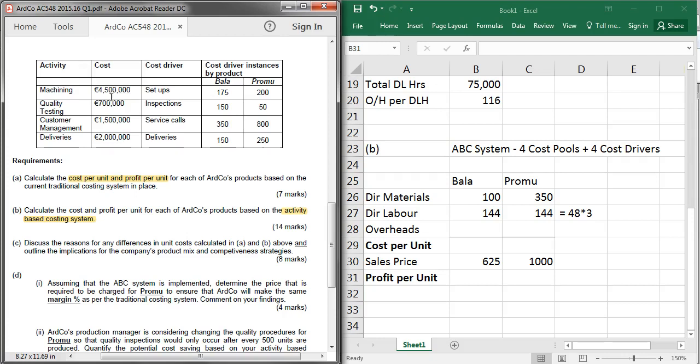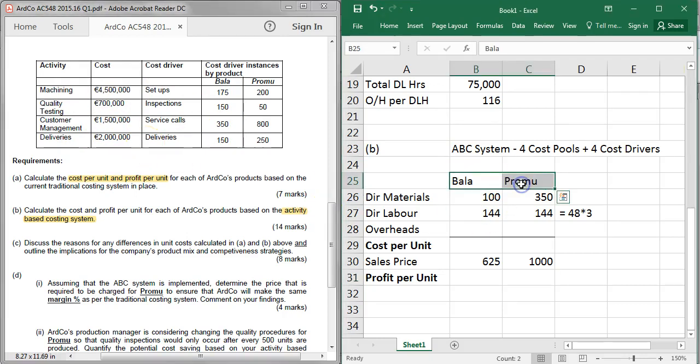So we're now looking at 4 cost pools. So if you sum all those together, that's your 8.7 million. And we're saying they shouldn't be just allocated evenly because of the direct labour hours. They should be allocated based on the usage of that driver. So the more setups, the more machining costs you get, the more service calls, the more customer management costs you get, which seems a fairer and more accurate allocation.